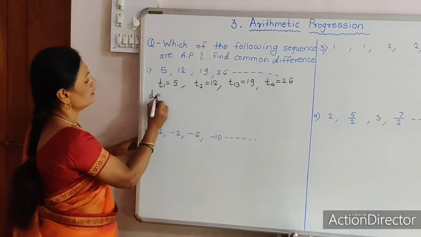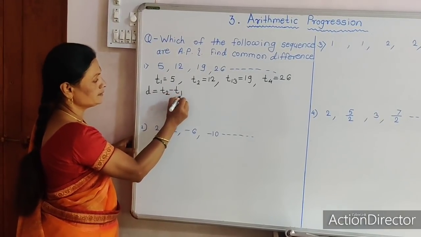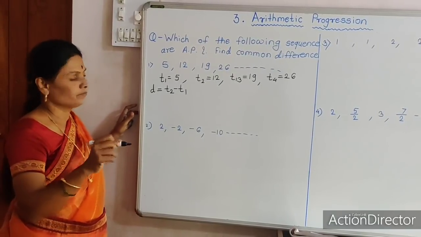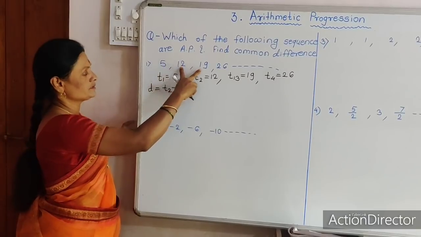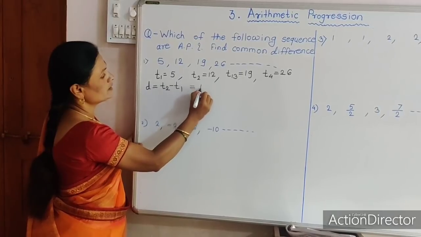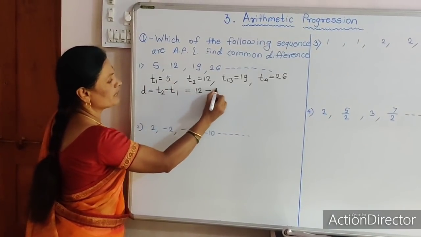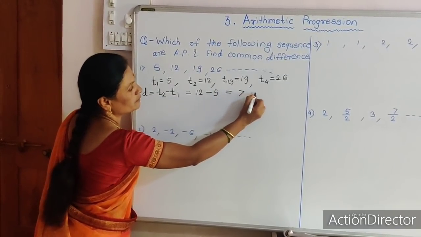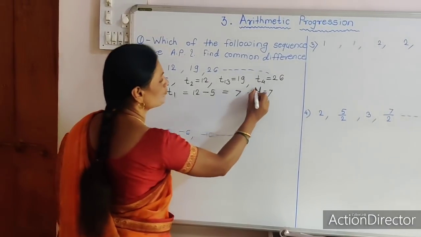D is the difference between two consecutive terms. That is, D is equal to T2 minus T1. T2 is 12 and T1 is 5. 12 minus 5 is equal to 7. Therefore, D is equal to 7.